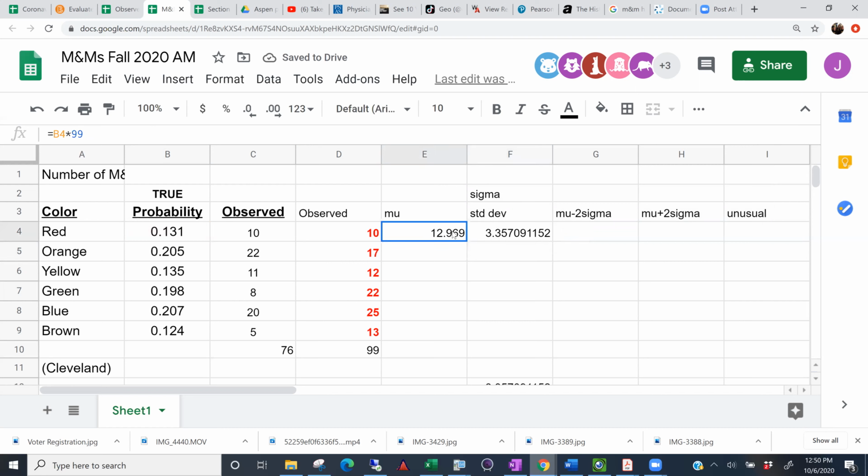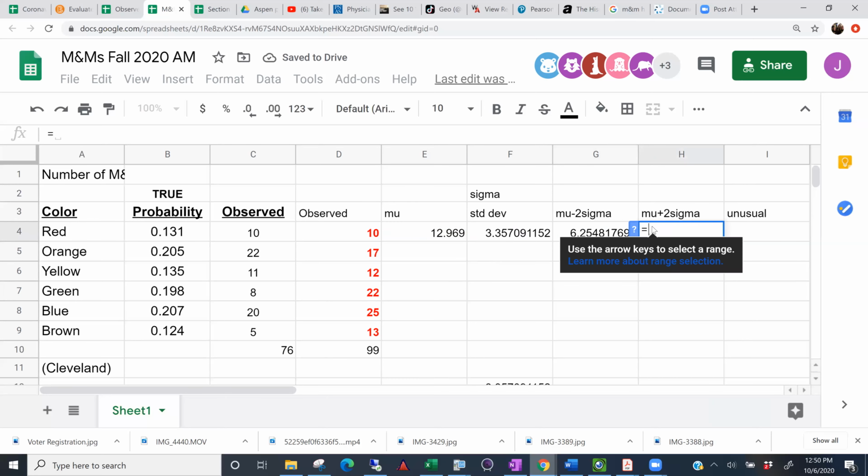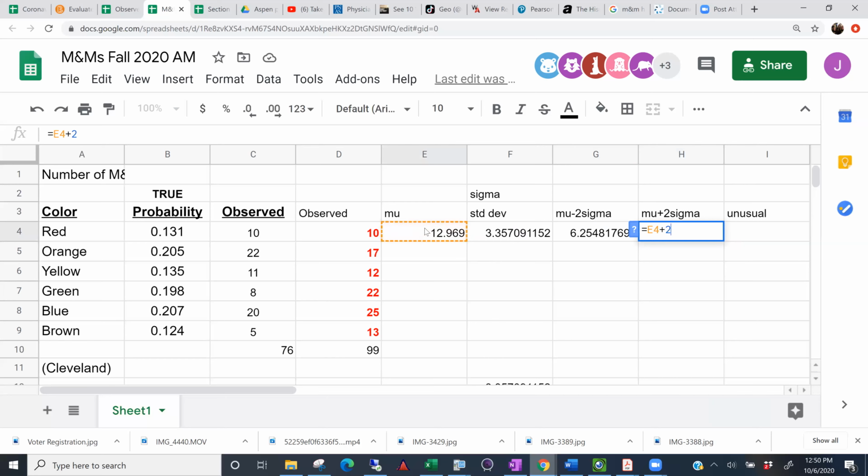And what I can now do is calculate the range rule of thumb for my data. So this is going to equal the mean minus 2 times the standard deviation, and then the mean plus 2 times the standard deviation.